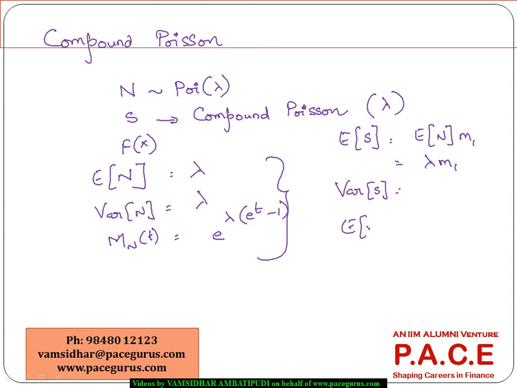Expected value of N times (M2 minus M1 squared) plus variance of N times M1 squared, right? So you could very comfortably write expected value of N is lambda: lambda (M2 minus M1 squared) plus variance of N, which is still lambda, times M1 squared. The M1 squared terms go off and I get lambda M2.